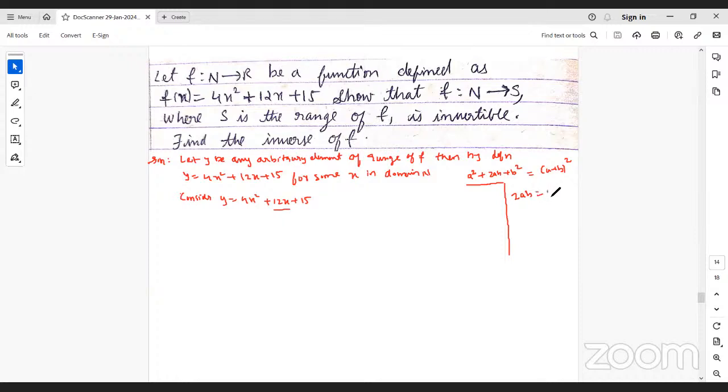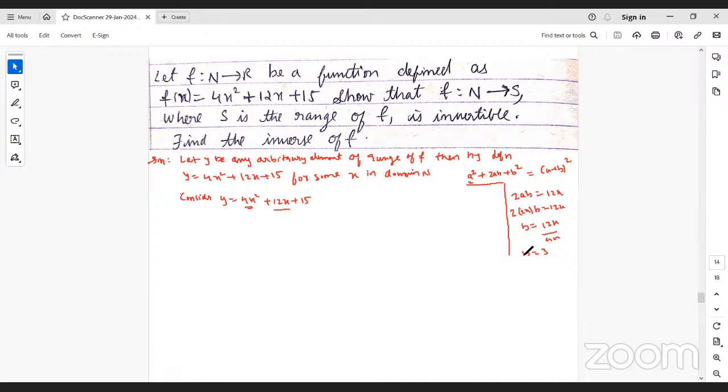So 2ab = 12x. Here a is the square root of 4x², so a = 2x. Substituting 2x in place of a, 2 × 2x × b = 12x, so b = 12x divided by 4x, which simplifies to b = 3.